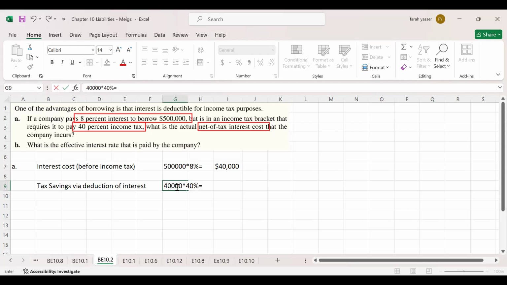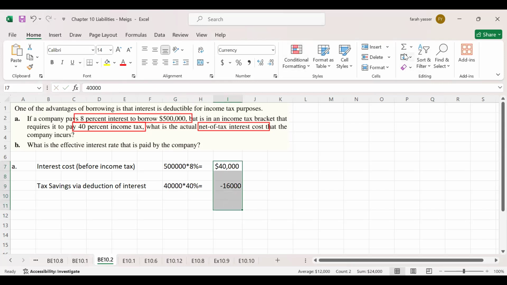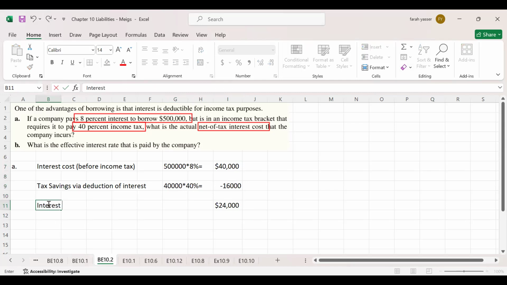So the total tax savings are $16,000. We will deduct this 16,000. So this is the interest cost after the deduction of income tax, which is called net of income tax.